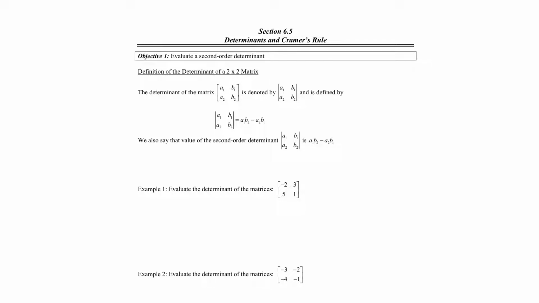And every square matrix has a determinant, and we're going to begin with the simplest of the square matrices, a 2 by 2. So I've got this in the general form of a 2 by 2 matrix where my first row is a sub 1, b sub 1, and my second row is a sub 2, b sub 2.